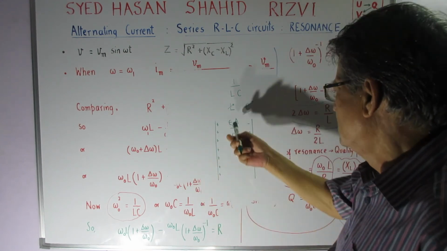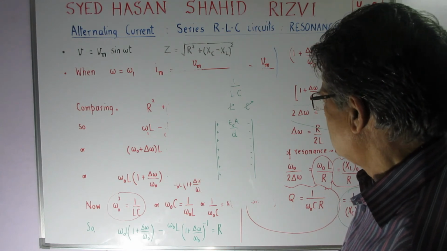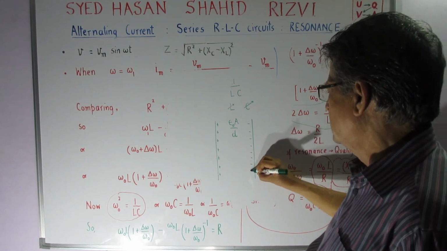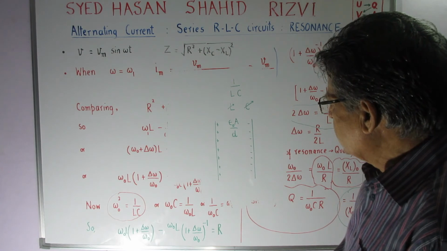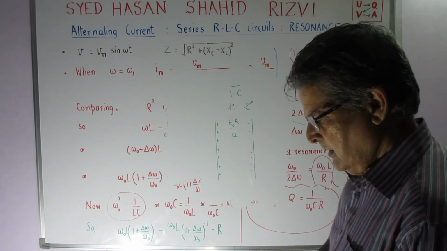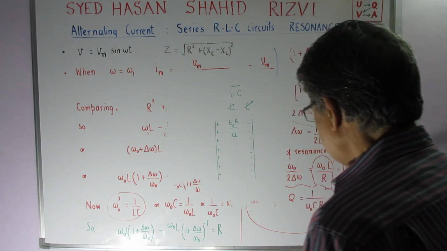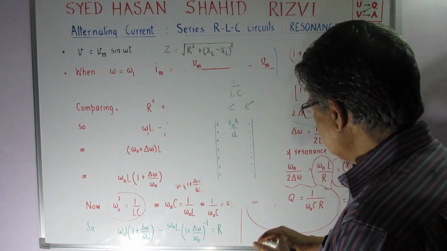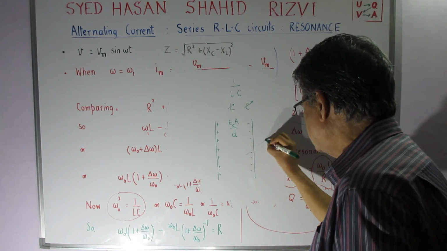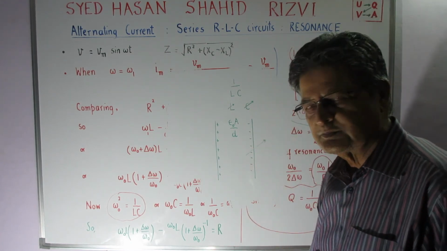Air was there, and epsilon naught for air and this epsilon were almost the same. Now what I can do is change the effective area.